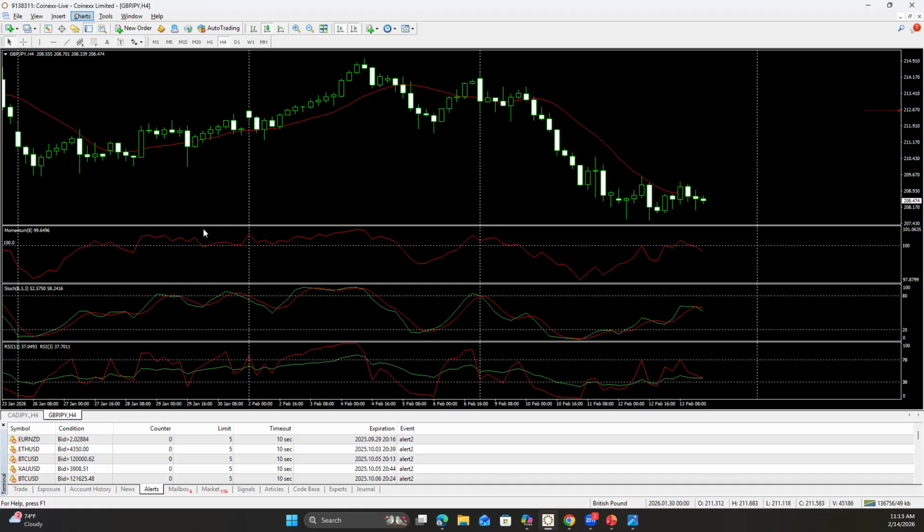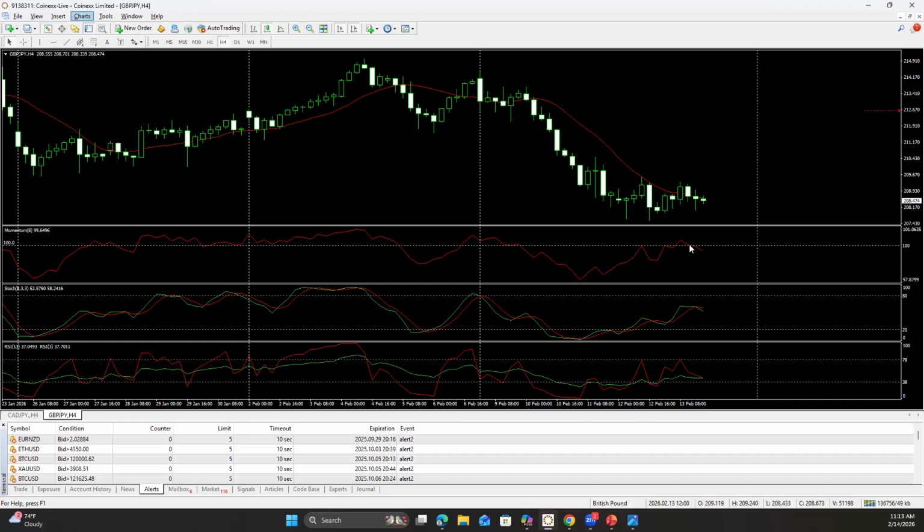So the momentum indicator is a technical analysis tool used to determine the strength or weakness of price. So if I'm looking at a downward movement, but the momentum hasn't crossed the 100, then I'm probably not ready to press sell here yet.